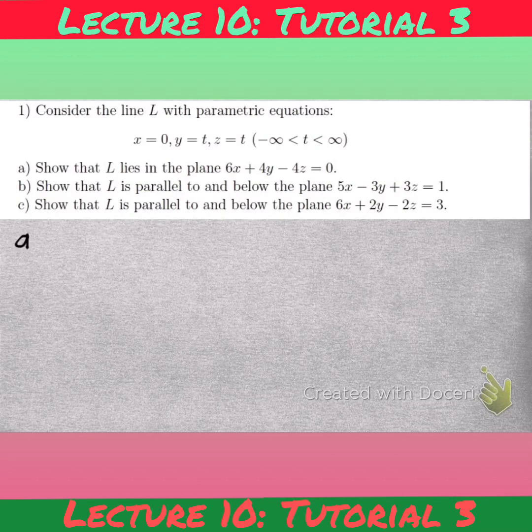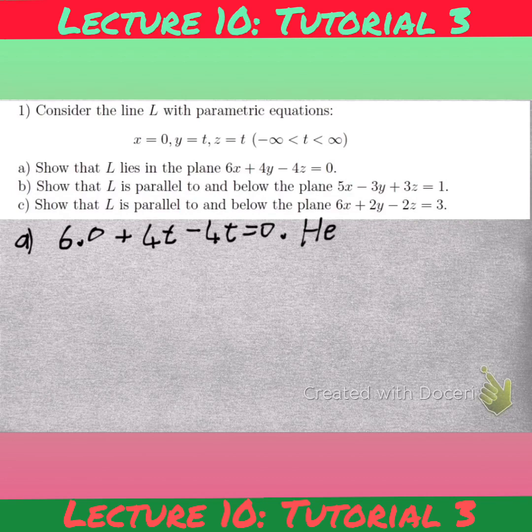Okay, so let us just fix. Alright, so we can take A, we can easily solve that. To check that it lies on the plane, we're just going to make sure it satisfies the plane equation. You can very easily see that 4t minus 4z is equal to 0.